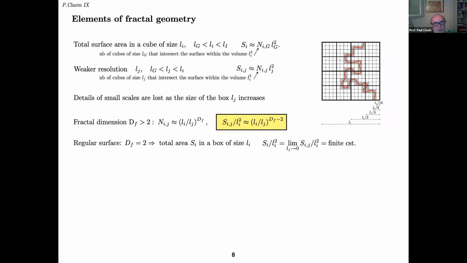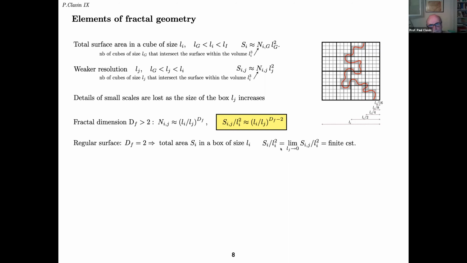If the power law is 2, the surface of the flame is well defined, because the limit of this ratio, when d_f equals 2, goes to a constant, a finite number, and this is the definition of a regular surface.